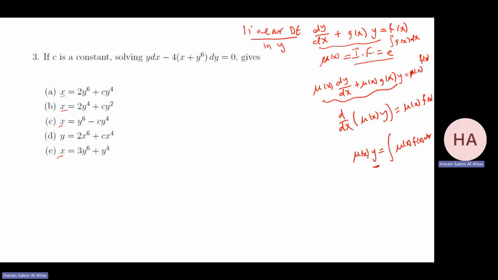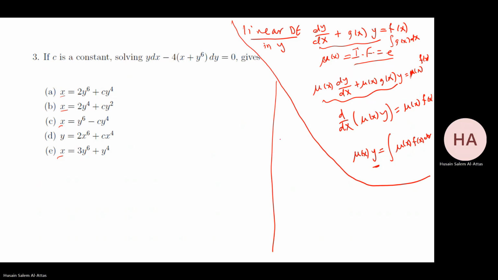So what I will do, I will rearrange it. Now, if you notice, this is linear in y, just to remind you. Now, this problem is linear in x, which is the same thing, but now I'll reverse everything. So I have dx over dy plus a function of y times x equal a function of y.